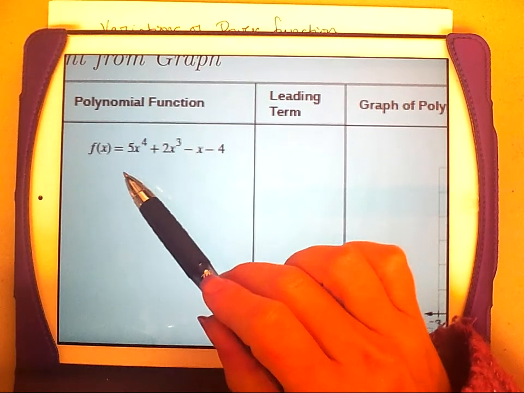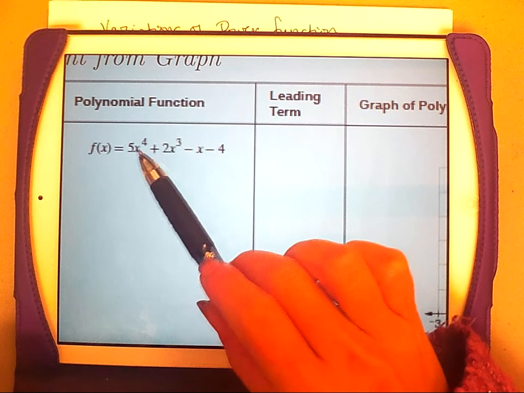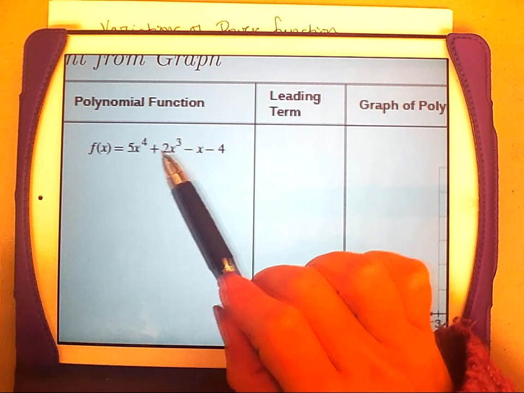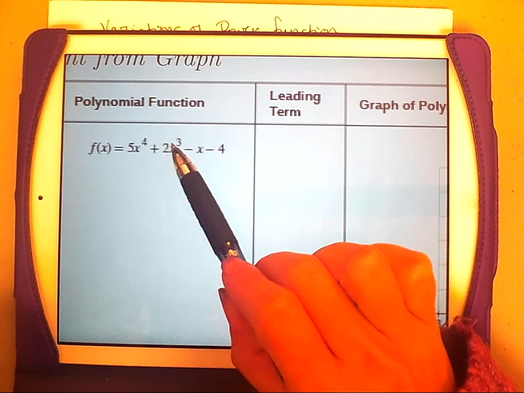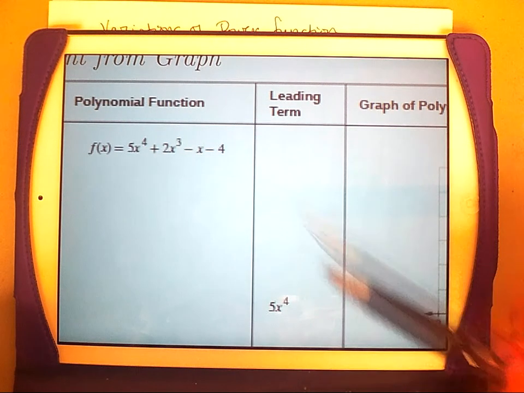By varying the power function, what I'm doing is adding in some extra terms. Notice that this is now a polynomial, and it's written in descending order. We don't have an x squared term, and that's fine.